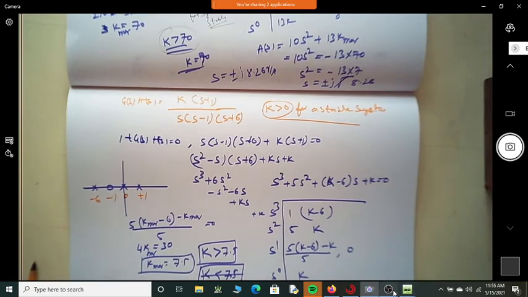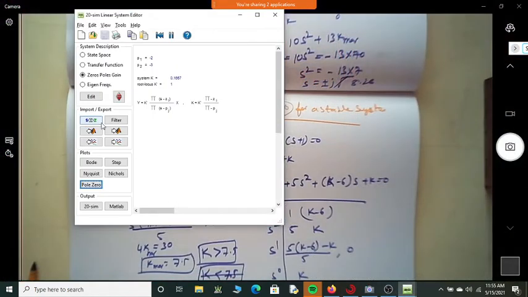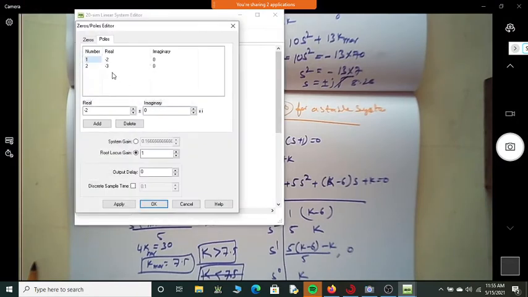Let us see here. You can see the shape of the root locus. Okay, let me edit this. Where are the poles? One of the poles is at the origin. Correct? Where is the other one? It's at plus 1, and the other one is at minus 6. Correct?